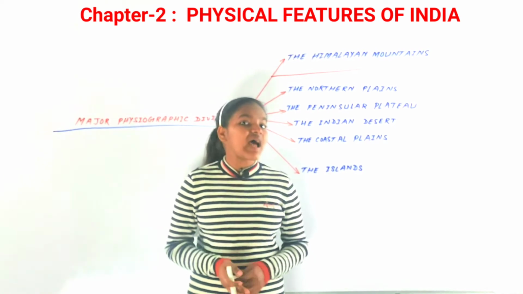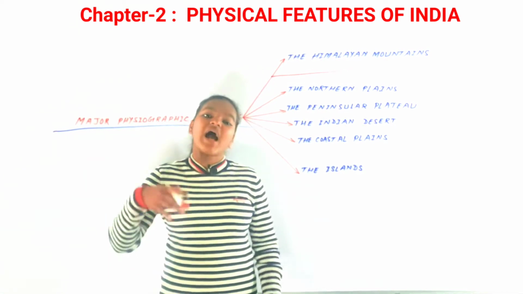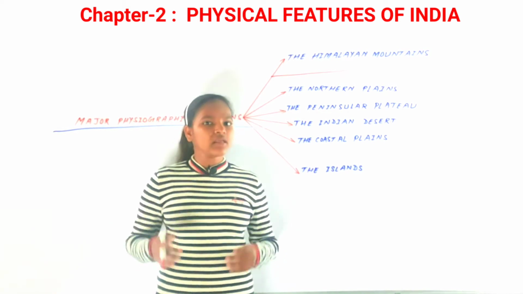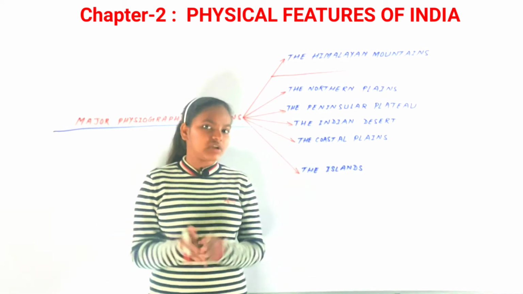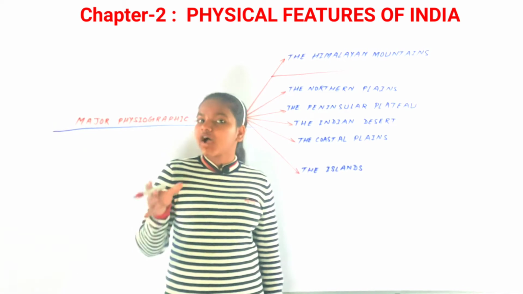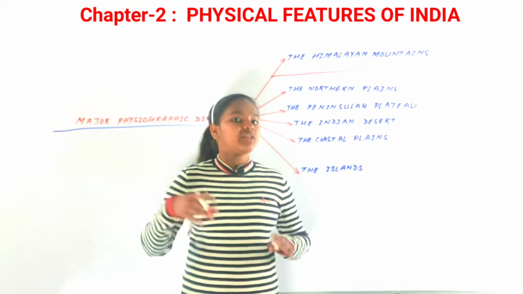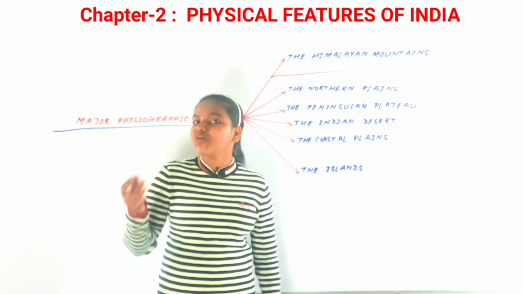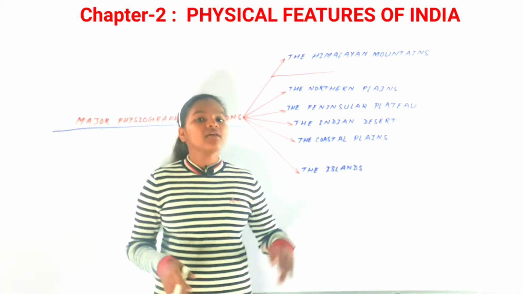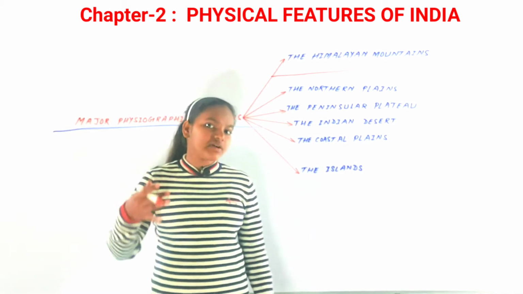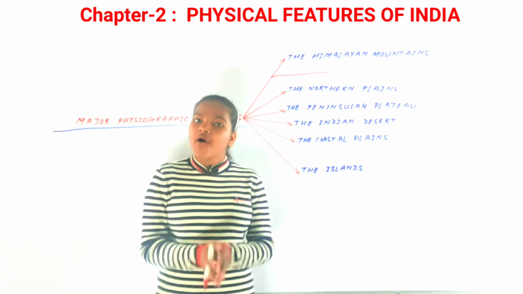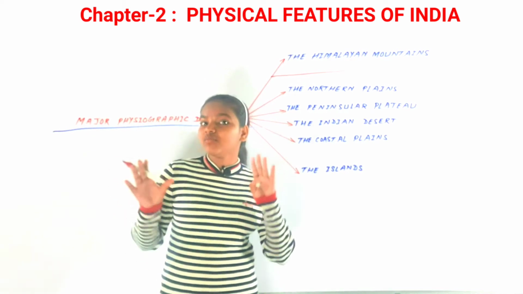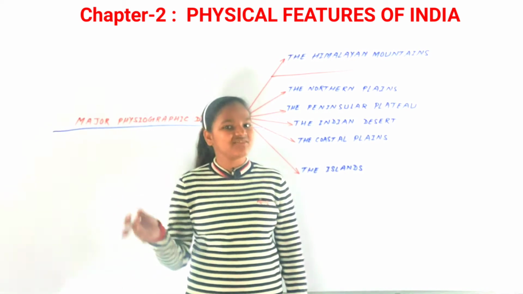So that is all about our Himalayan mountains. They are divided into three ranges: the Great Himalayas, the Lesser Himalayas, and the Shivaliks. There are also the divisions based on the rivers, and the most important part is that they cover a very good border of our country in the northeastern part.